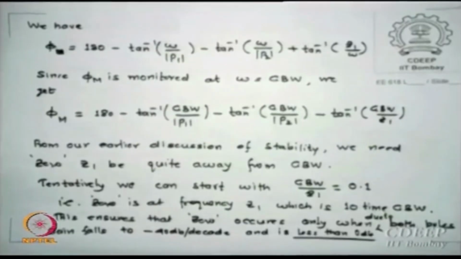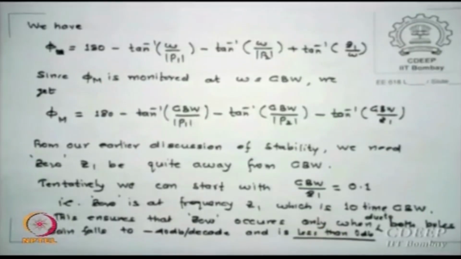By the time the zero appears, the gain should have fallen to much larger negative values. If it is minus 100 dB, you add 20 dB, it does not matter. But if it is minus 20 dB and it adds, it becomes 0 dB. So that may create phase issues. So we have already said the zero should be quite far away from the gain bandwidth value.